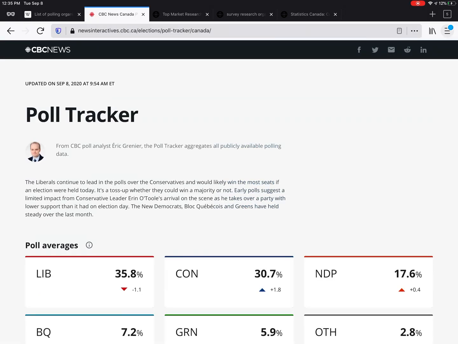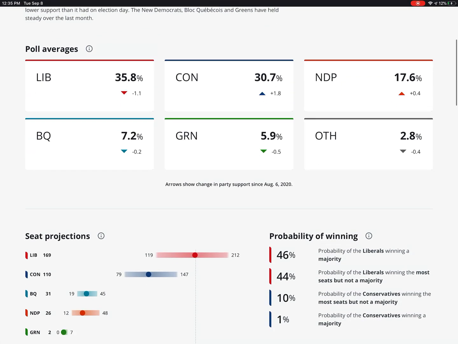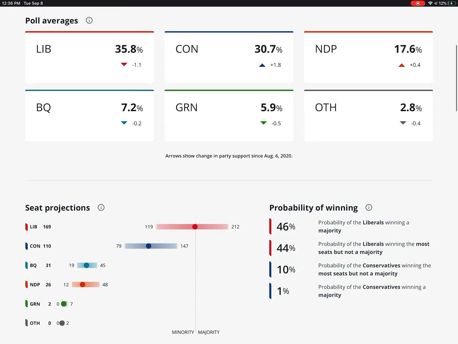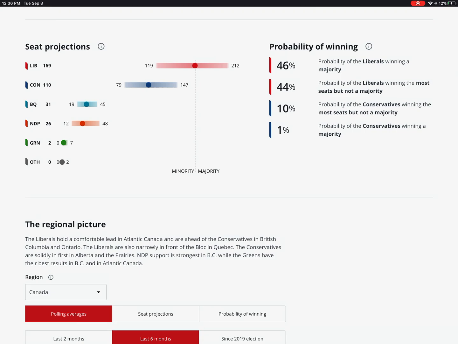If we go back to Canadian stuff and take a look at election trackers, here's the poll tracker that CBC puts out. That's telling you poll averages, based on a whole bunch of different types of polls. It's saying that if an election was to be run today, the Liberals are at 36%, and their probability of winning is they would get anywhere from 119 to 212 seats.